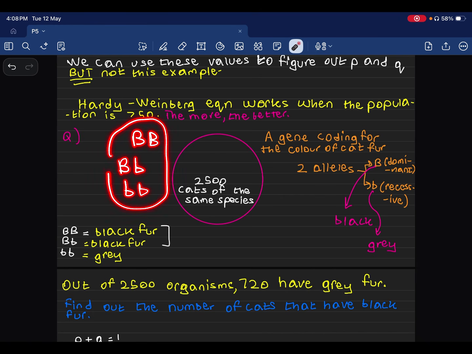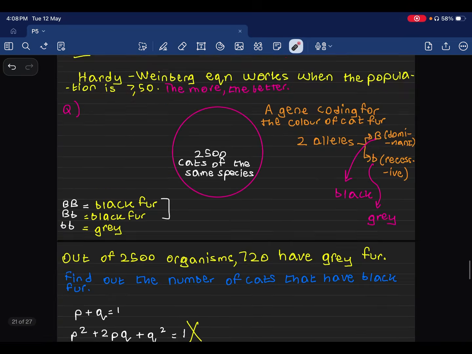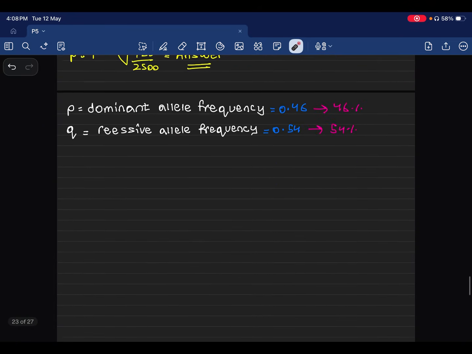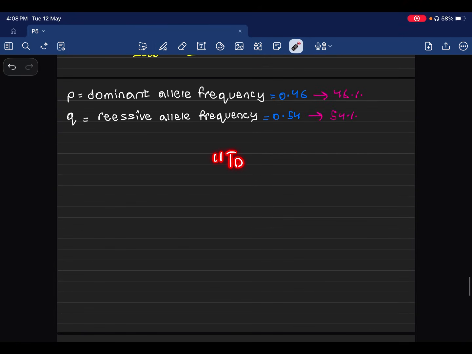Just in these three cats, how many alleles do we have? We have six alleles, so it's two alleles per cat. So how many alleles for 2,500 cats? 5,000 alleles. Out of these 5,000 alleles, which is basically the total allele frequency, 46% of these alleles are dominant and 54% are recessive. Hope that makes sense.